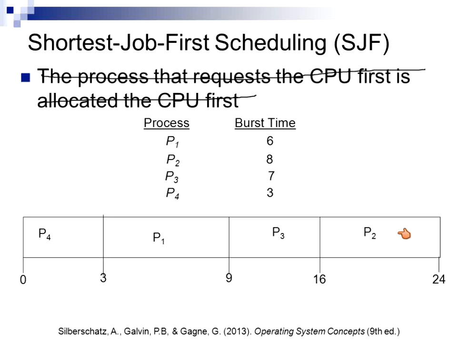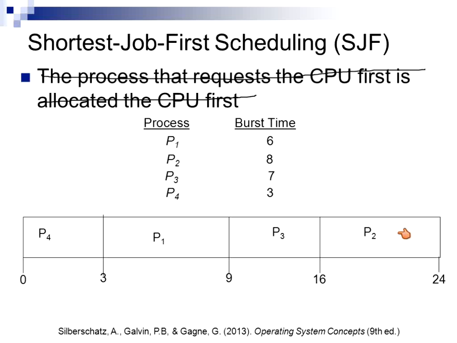In a batch system where the jobs are all kind of running, not with any interaction, in that type of system, the person who submits the job can often assign the limit to that job and say, okay, this job isn't going to use any more than this much of the CPU. And so if everybody puts those limits on their jobs, then the scheduler could go through and choose which job depending on the estimated time limit for that job.